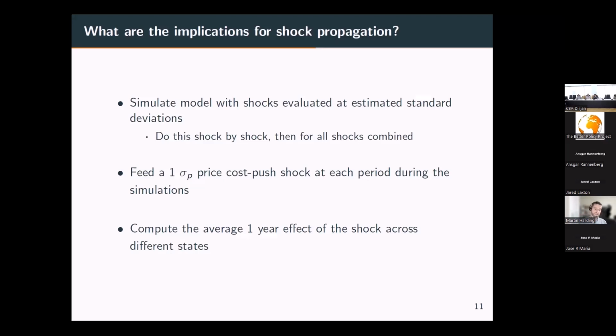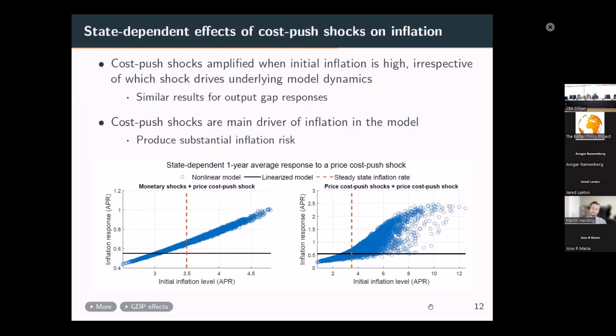We're going to then feed a one standard deviation price cost push shock during periods of high and low inflation for all these simulations. And we are going to compute the average 1 year effect of this shock across different states, for all underlying shocks of the model. So what comes out of this?